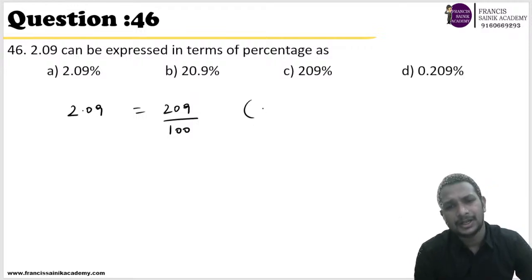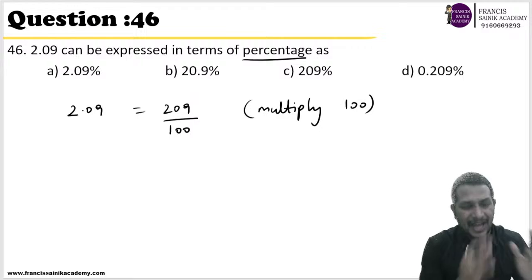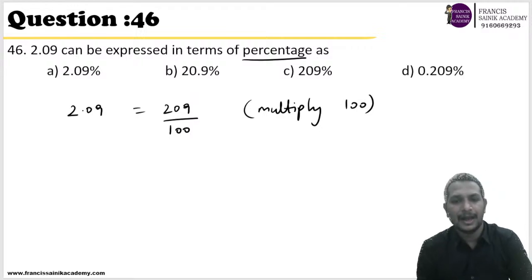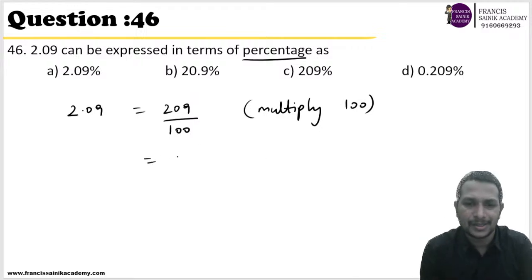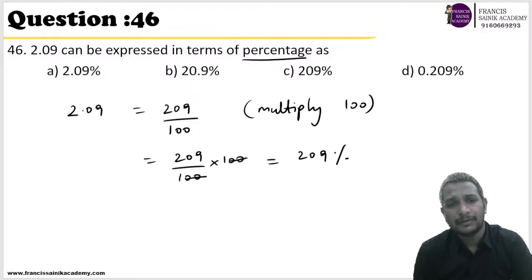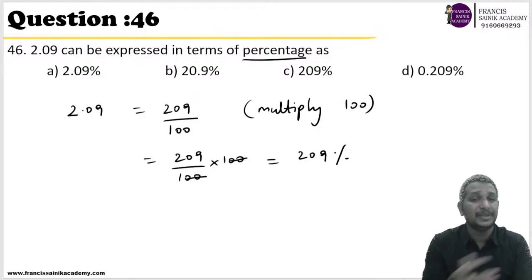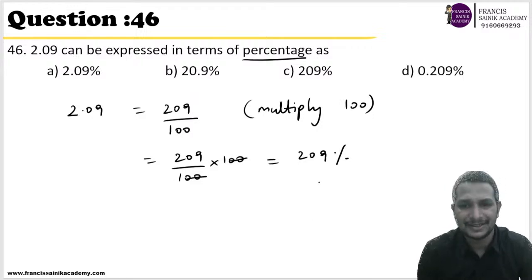Whenever you want to convert a fraction to percentage, multiply by 100. Coming to this question, multiply by 100, and we get 9. Write it as percent. So to convert a fraction to a percentage, multiply by 100, and the same way, percentage to fraction means divide by 100. So for this question we got the answer as option C.